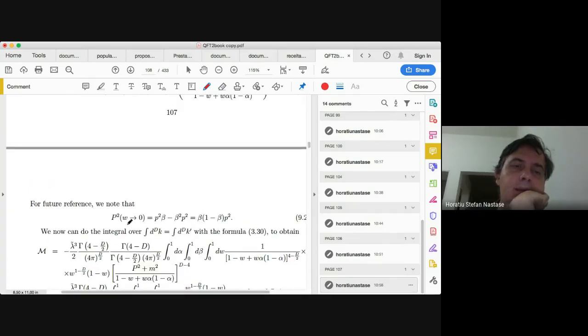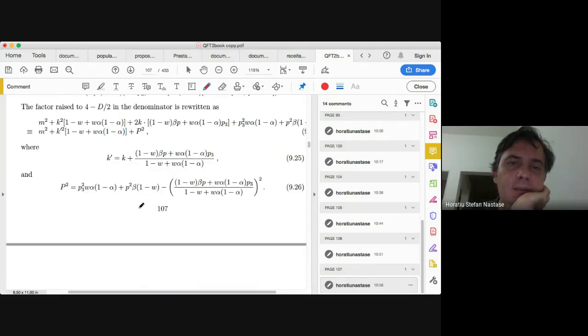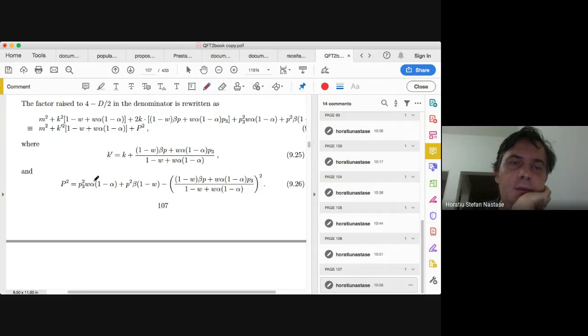Yeah, and for future reference, we'll also note that when w goes to 0, we'll see why w going to 0 is relevant to our analysis of divergences. Then p squared becomes, so let's see here, when w goes to 0, this term goes away, this goes away, so it's p squared beta that remains.